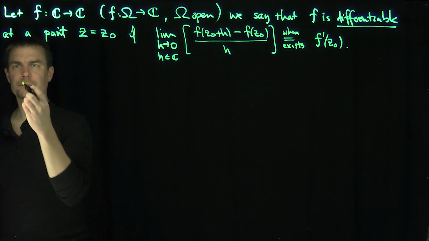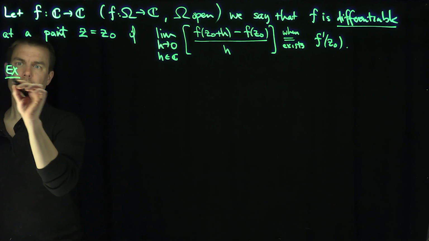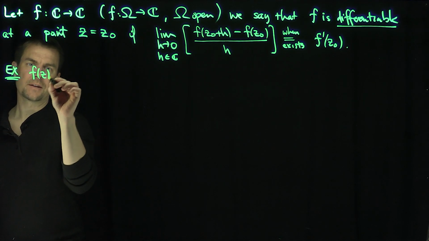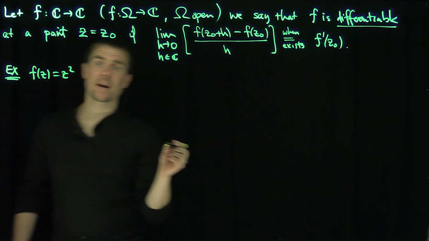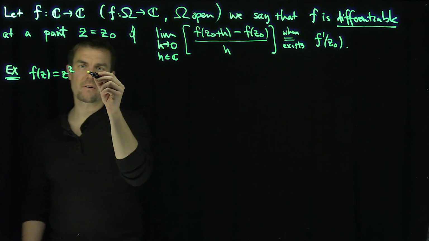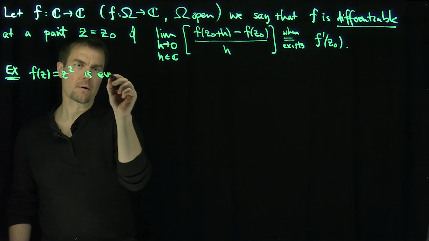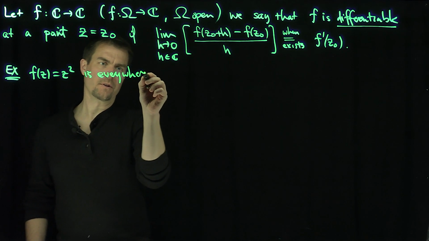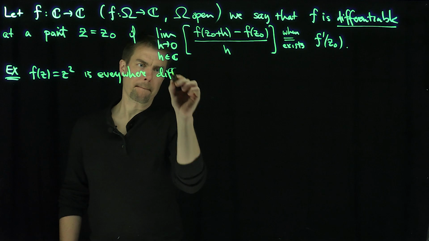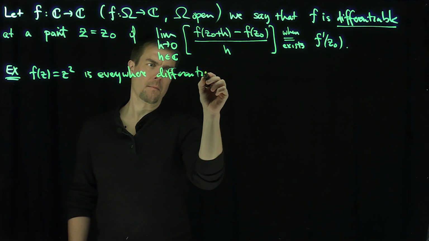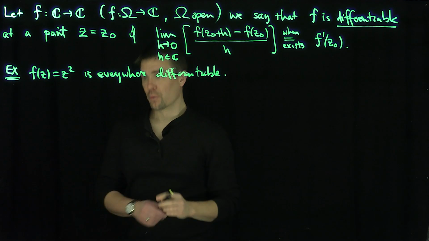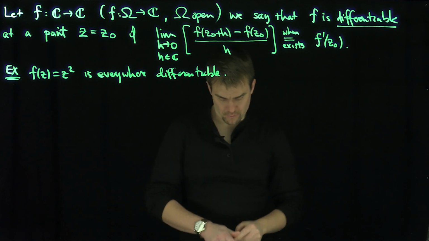Here's the first example. f of z equals z squared is everywhere differentiable. The proof of this is easy, a standard calculus proof.